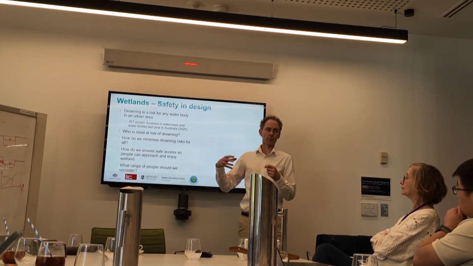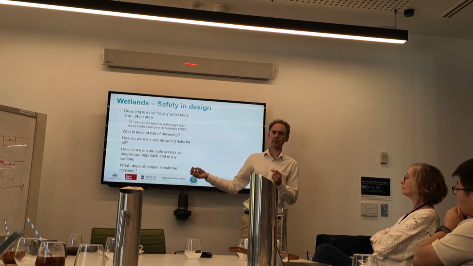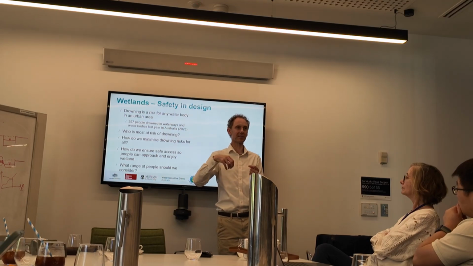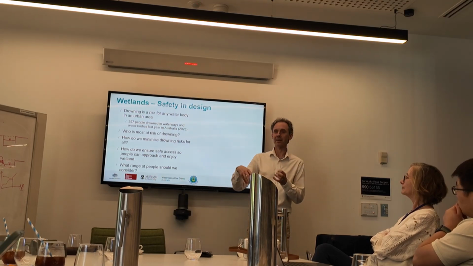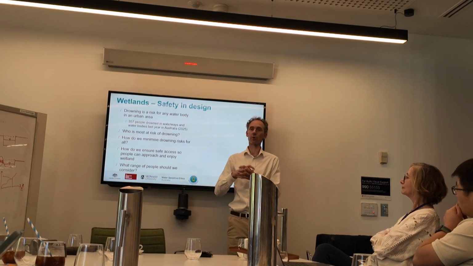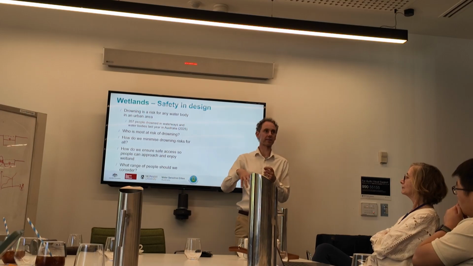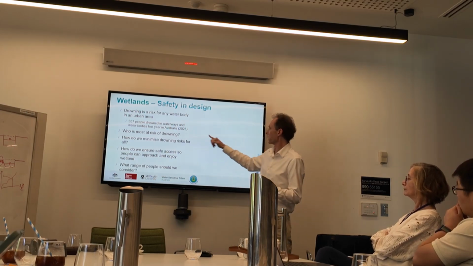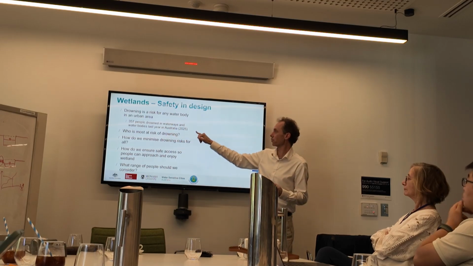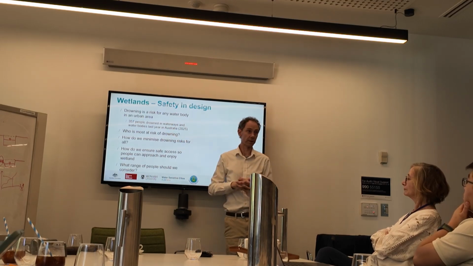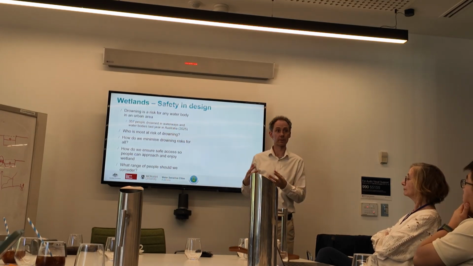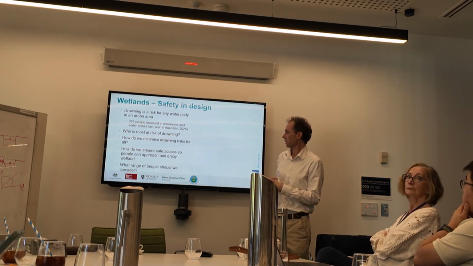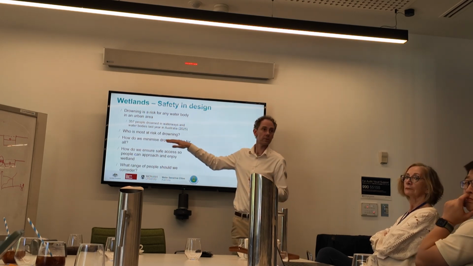Now, fortunately, people usually aren't going to choose to go and swim in our wetlands or in our canals or our ponds, so we don't have to worry so much about that. It's more about people falling in there or accidentally going in there that didn't intend to that we have to think about. So, 300 and something people drowned in waterways in Australia last year, so it's not something we can ignore. It is significant.